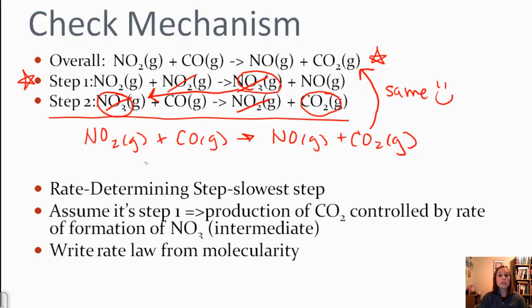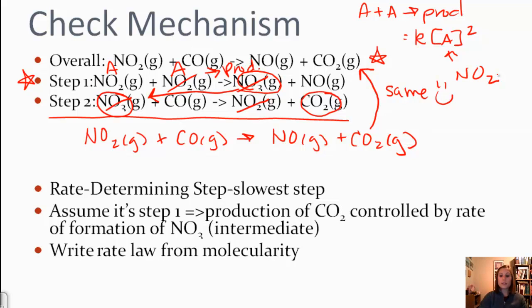So we can write the rate law based on the molecularity. So let's look at step 1. For our reactants, we have species A plus another of species A producing products. And so if we've got A plus A producing products, that means that our rate is equal to k times A to the second power. Well, our A in this case is NO2.